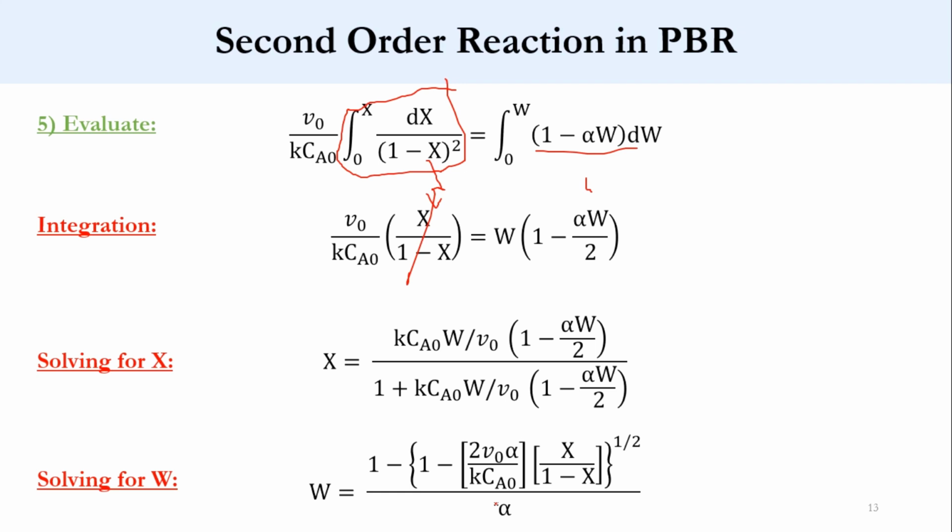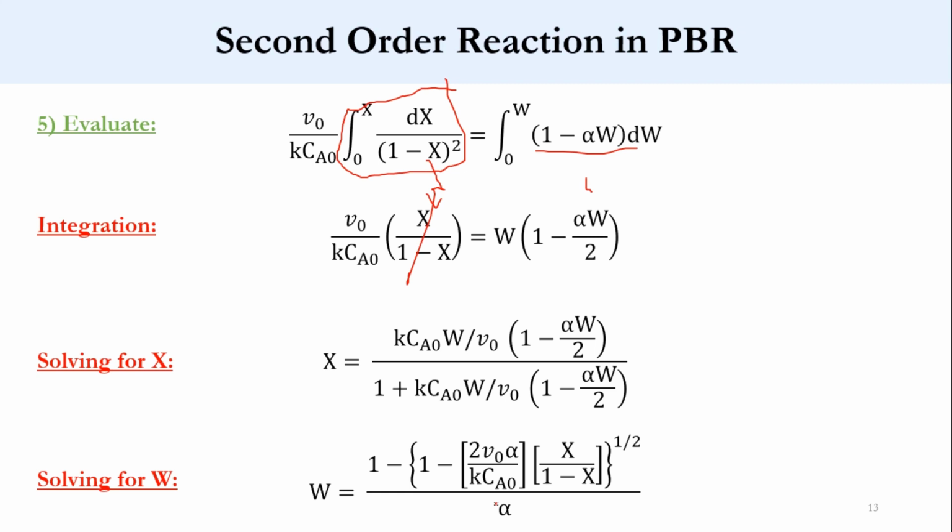So that is the overall derivation for the second order reaction occurring in PBR, and we have derived two expressions. K is a constant term, Ca naught is a constant term, v naught is a constant term. But if we vary W, the effect of W on X can be seen.